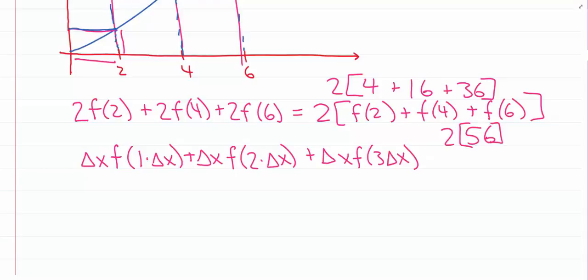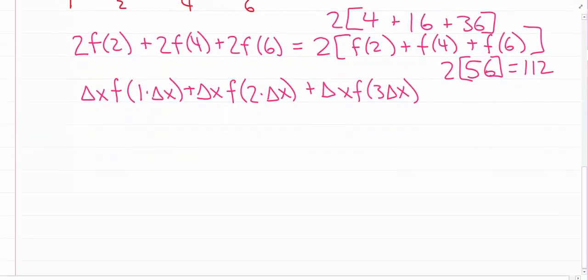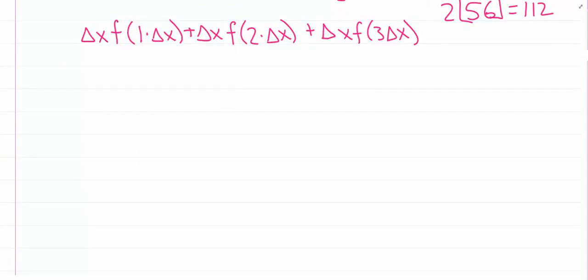I've got 36 and 4, that's 40. Yeah, I think that's 56. So that's going to be 112, right? Now, 112 square units is more area than what is under that curve. That's too much. I wonder if we could get a better estimate if we did this. What about if n is equal to 6?